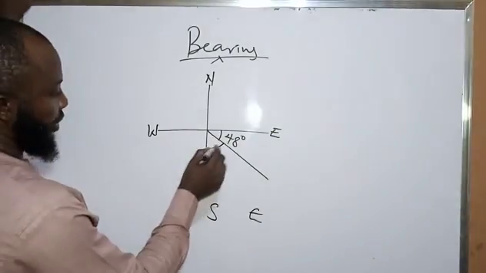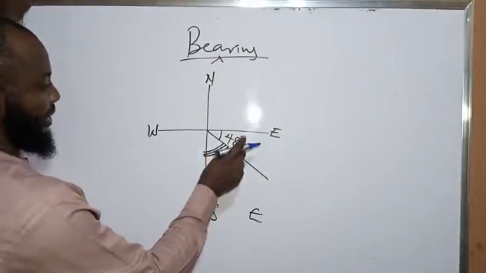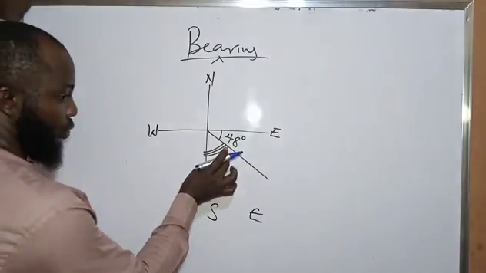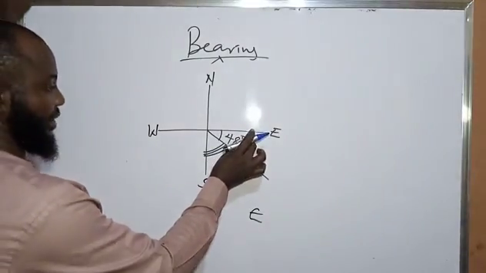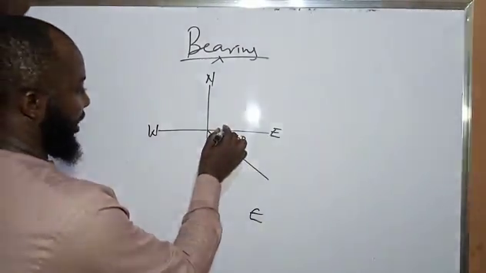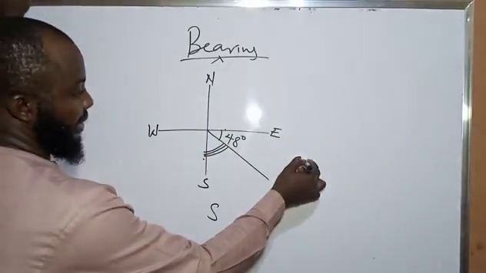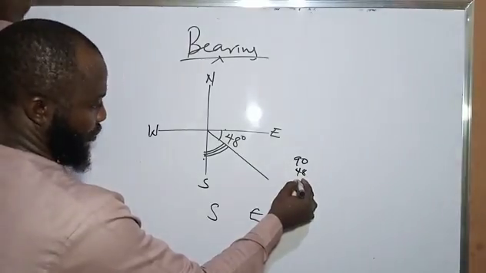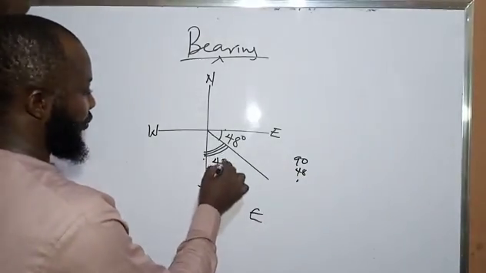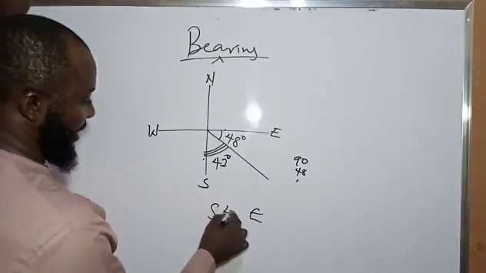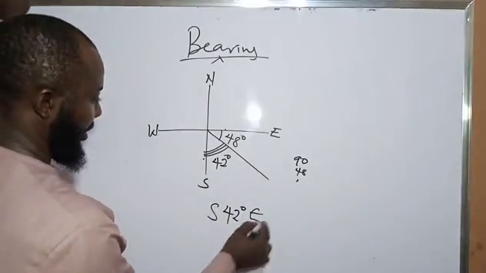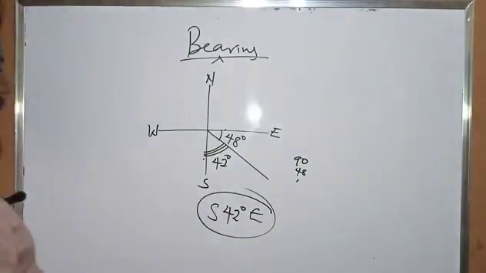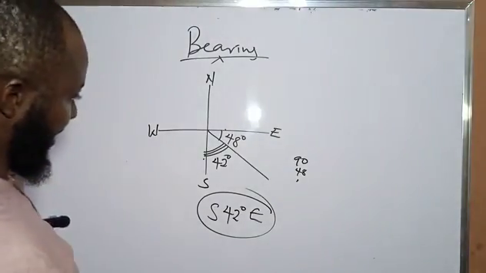So you are looking for this angle, not this angle here. So we need to calculate what this angle will be. Since this is 48, and from here to here is 90, that will be 90 minus 48 degrees, which gives 42 degrees. So this means south 42 degrees east. That will give us our answer. I believe this is clear.